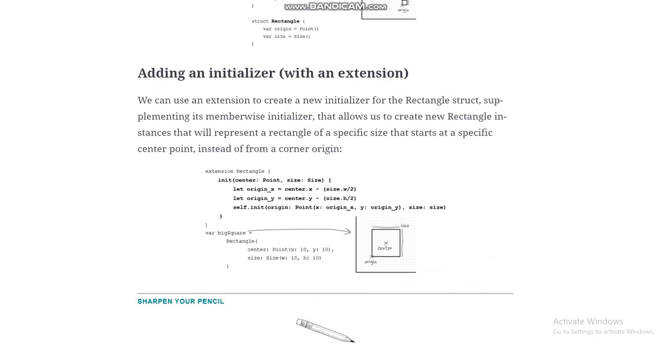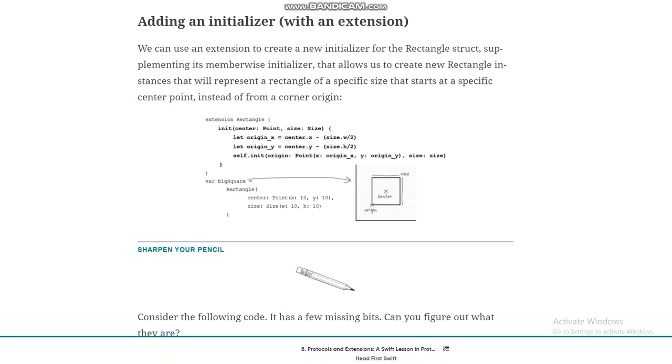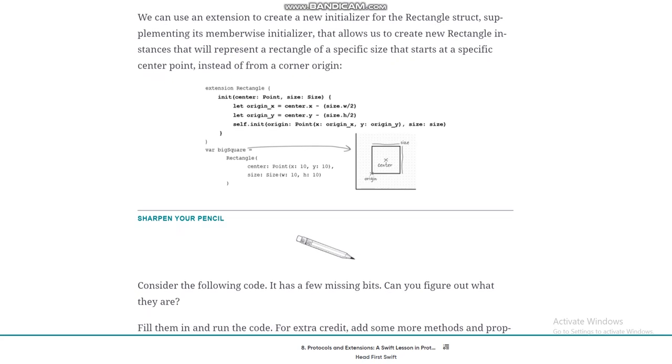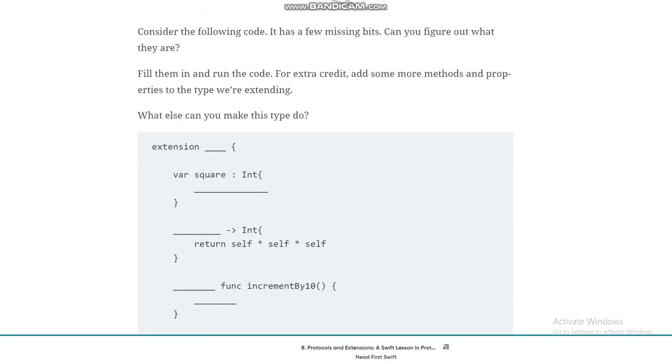So let's continue. We can also initialize our class that was not initialized properly, or if you need to add another property or method in the fields here, you can just specify it and create another init.